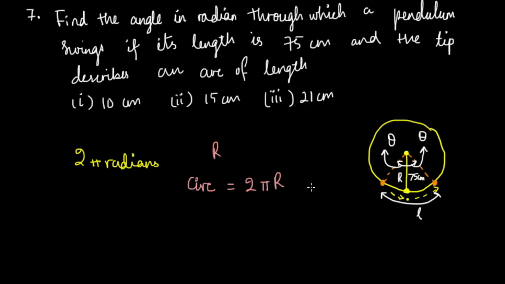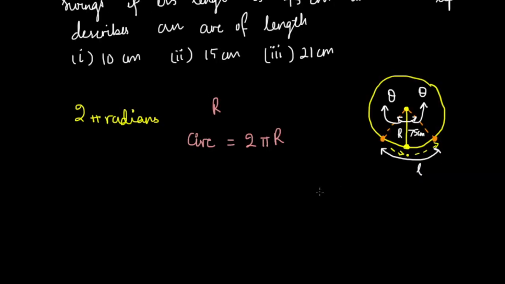So we want to find the value of 2 theta. Let's just call it x for simplicity of notation. So x is the angle subtended at the center. Well, x is some n parts of the total 2 pi radians that the circle covers, and n just represents the number of parts this L is of the total circumference.